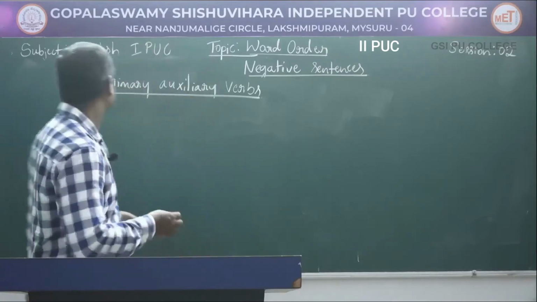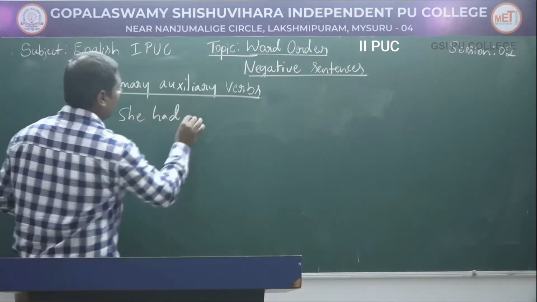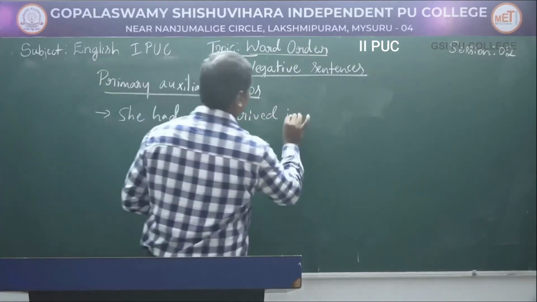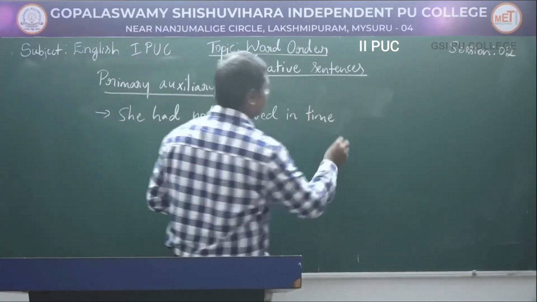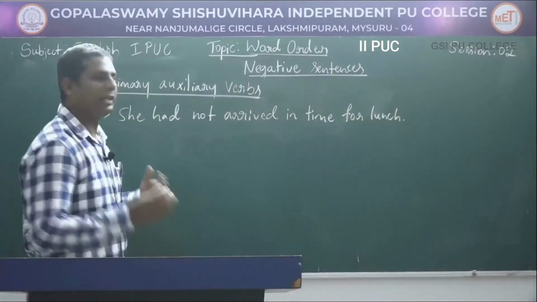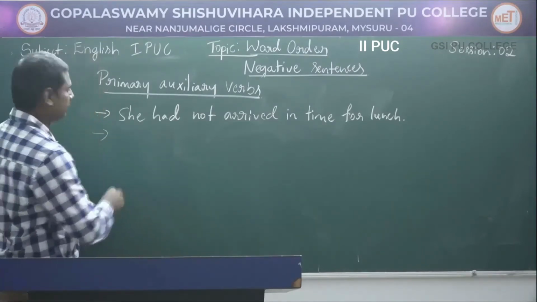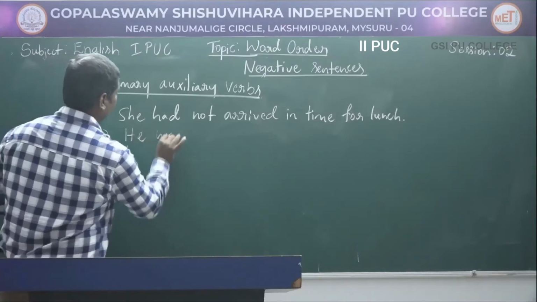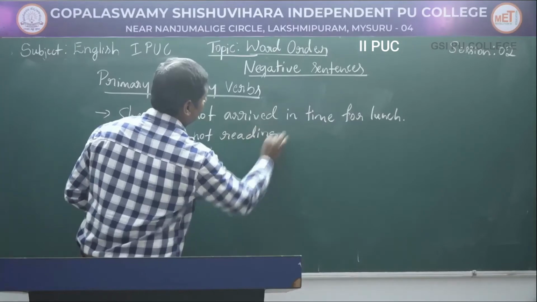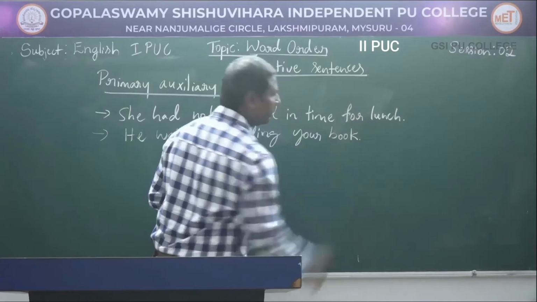Now the word not can be a part of the primary auxiliary verb. For example, she had not arrived in time for lunch. Similarly, in the next sentence, he was not reading your book.